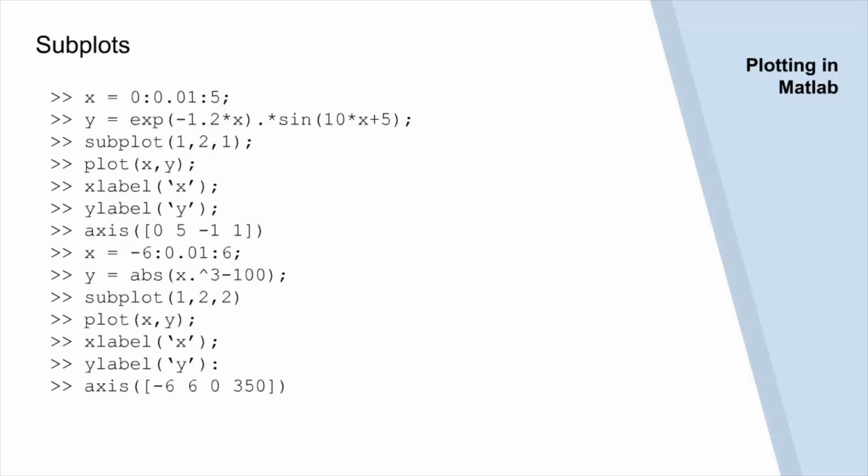We use subplot(1, 2, 1) to tell MATLAB to divide the figure into two smaller plots within a single row. So on the left side we will have the plot of the first function, and on the right side we will have the plot of the second function.